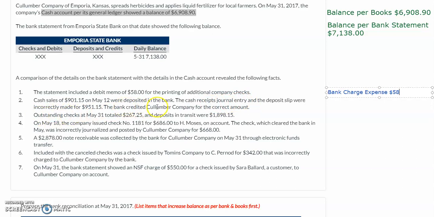But the bank credited Cullenberg Company for the correct amount. So basically what this means is that someone went to the ATM and they deposited $901. So that $901 gets deposited.